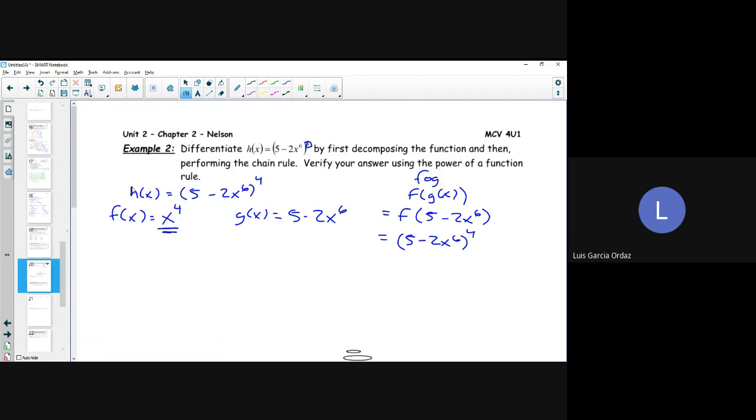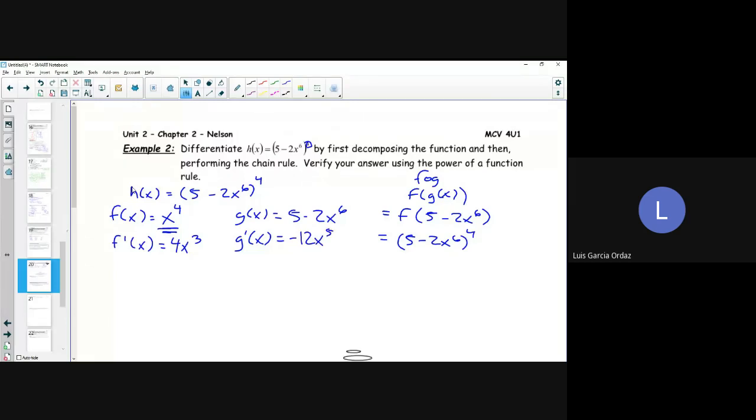Now in chain rule, we need the derivative of both f of x and g of x. So what would the derivative of x to the power of 4 be? 4x cubed. And what is the derivative of g of x? Negative 12x to the 5.